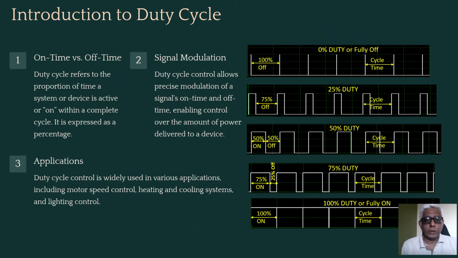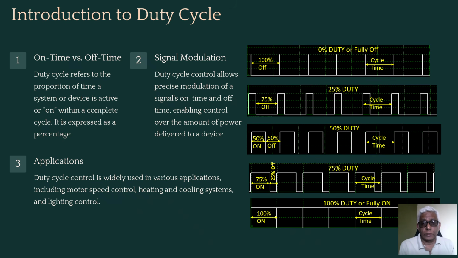Okay, here we go. Now central to the concept of duty cycle control are two things. One is the cycle time, the larger time period within which we are trying to achieve an on duration to off duration, or a pulse width ratio. And the second thing is the duty itself, which means what percentage of the cycle time the switched output remains on.